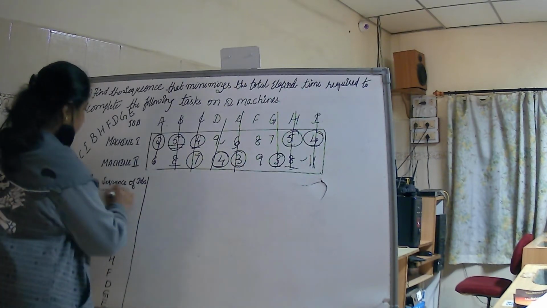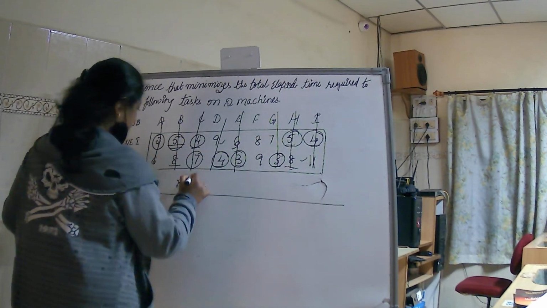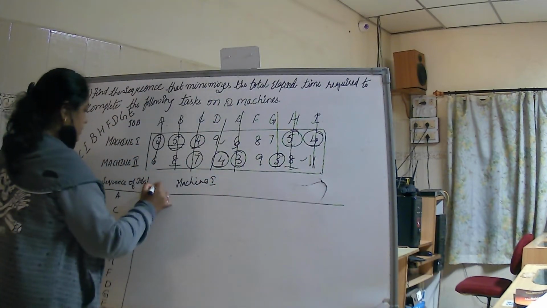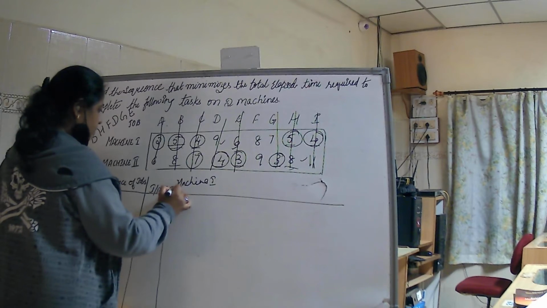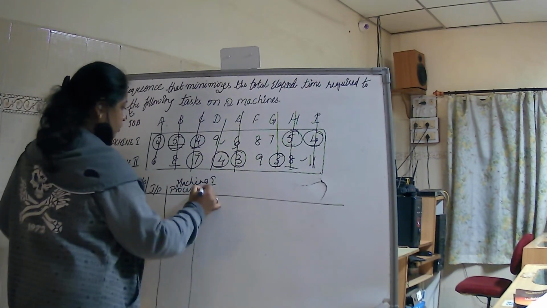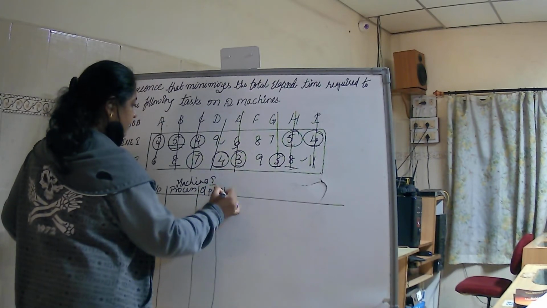Then the next column, machine 1: for machine 1 I take input, process, output and idle time.